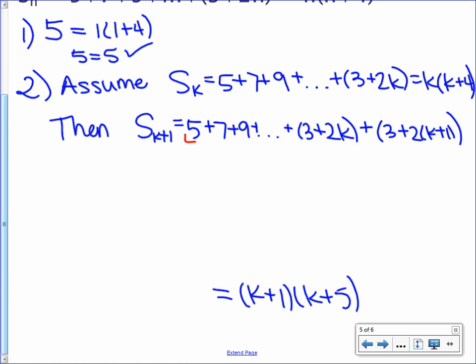What is 5 plus 7 plus 9 plus all the way to 3 plus 2k? We know that from our second step. And then we're adding on the term. What does this become? 5 plus 2k.